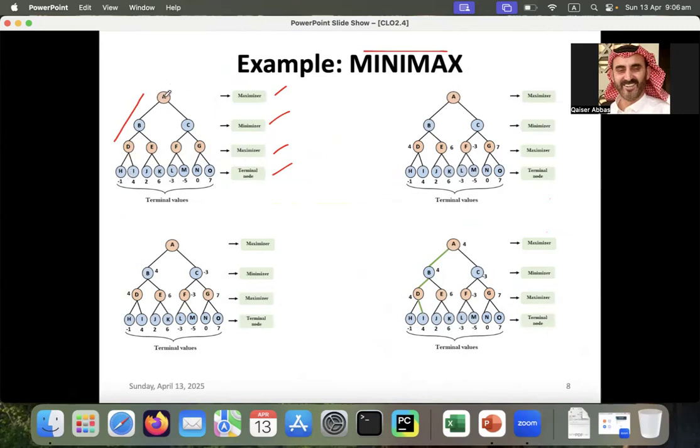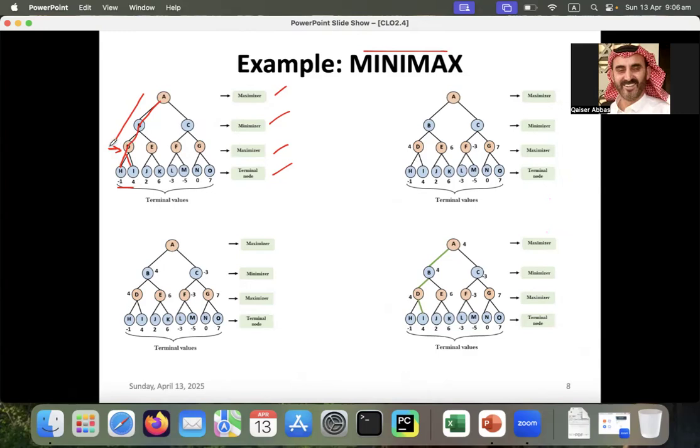According to depth first search, you will come here first and see these two values first, -1 and 4. The level above is what? Maximizer. So at this level D, the max player, the maximizer, will take the minimum value or the maximum value?